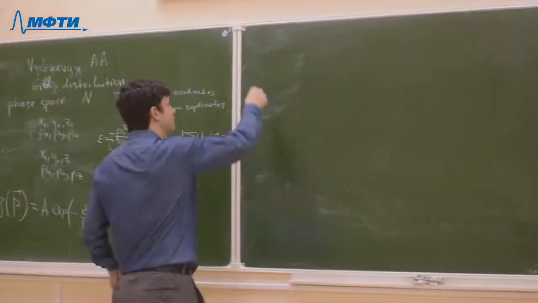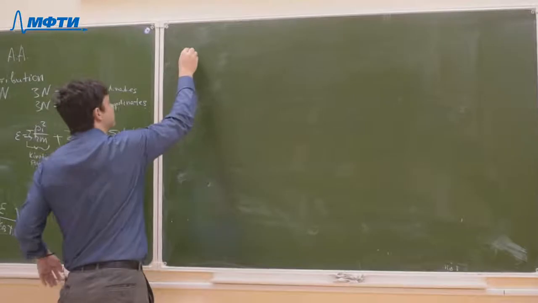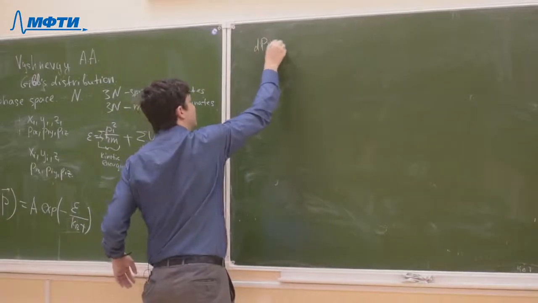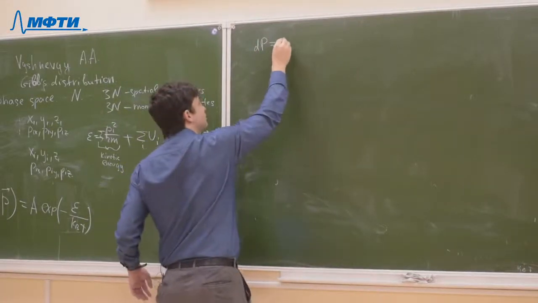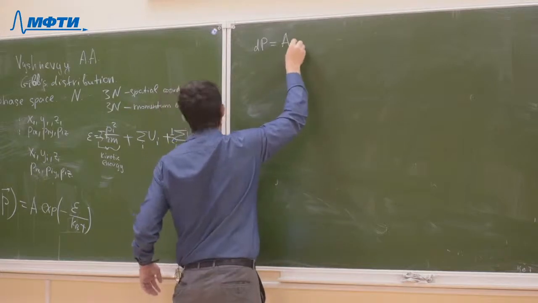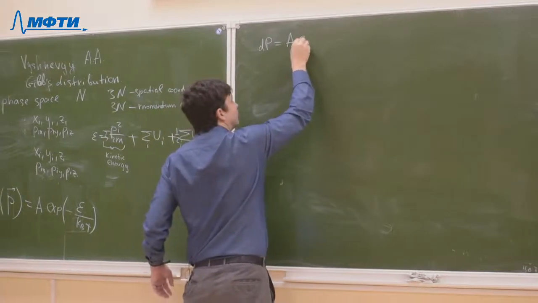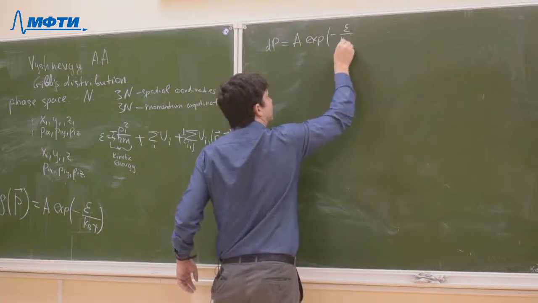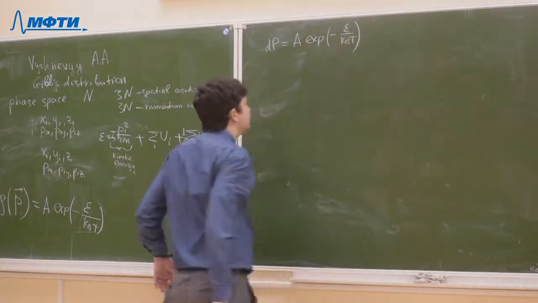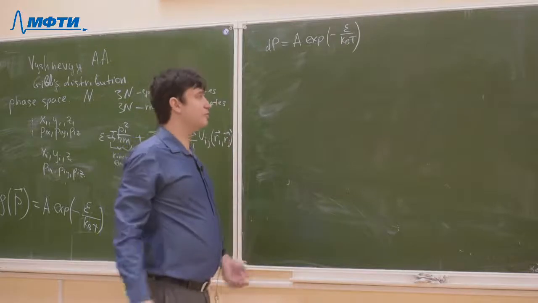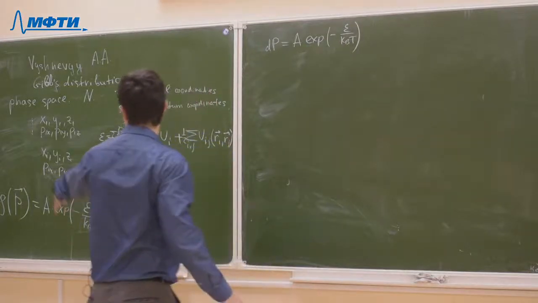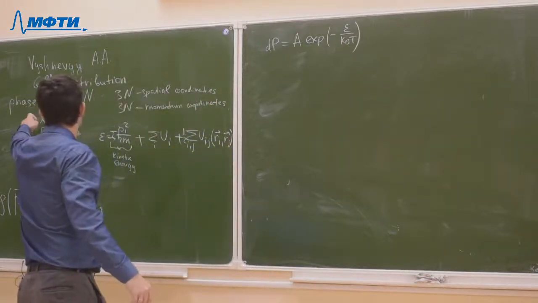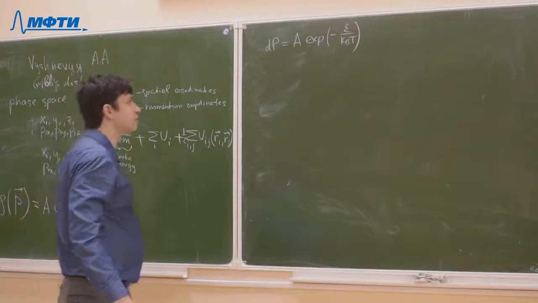So I can write that for the initial system, I have the probability of the system to be found at a certain point of a phase space as, and the element of the phase space contains all of the products over all of these coordinates.